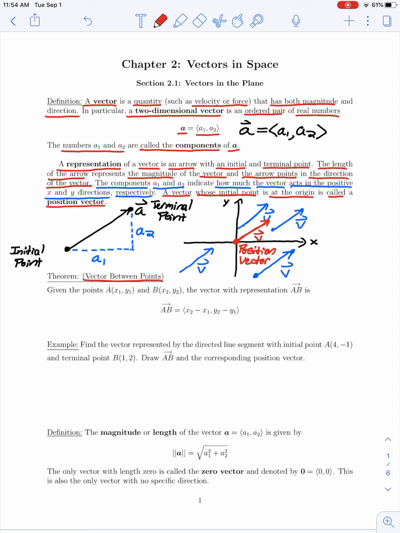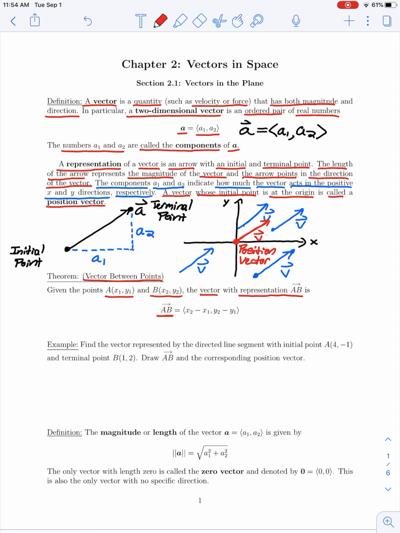If we're given the points A, which has coordinates x1, y1, and B, which has coordinates x2, y2, then the vector whose representation is the vector from point A to point B is denoted as AB with a little arrow above it.